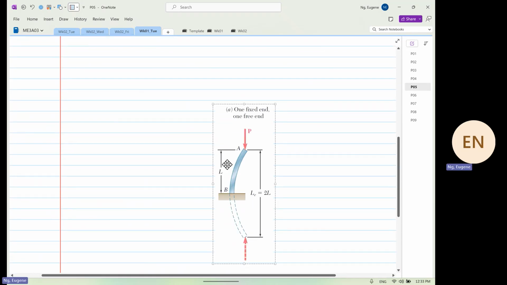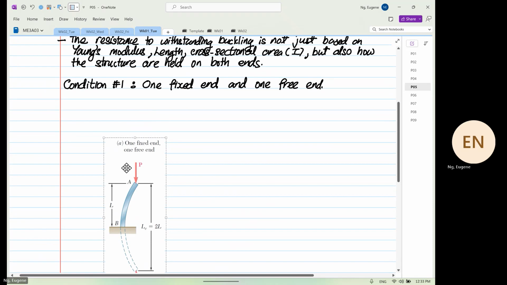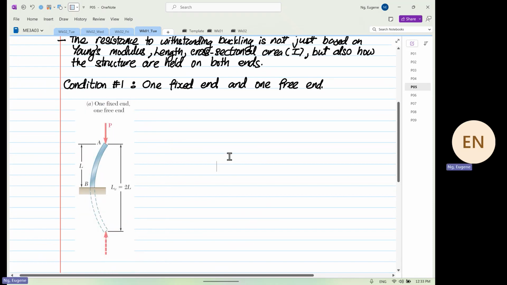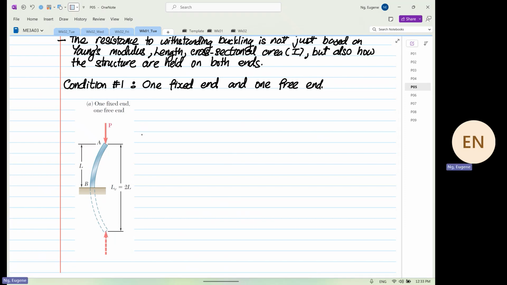So the first one we're going to look at is at point A. This is what we know as the free end, and the other side is fixed. Okay. So a thing to take note of on this structure is that we have to look at the boundary conditions, or the conditions at the ends.